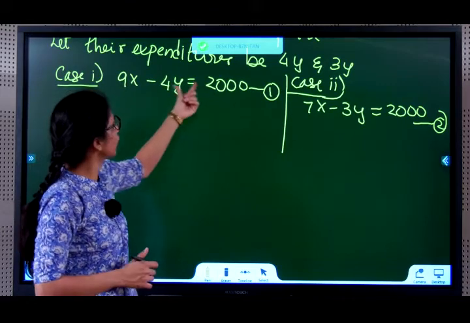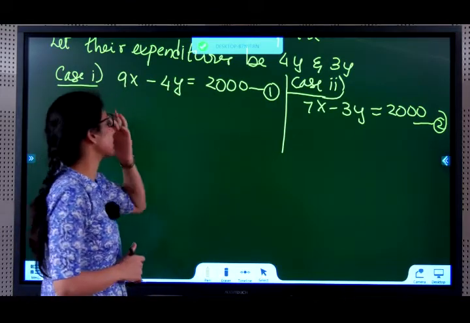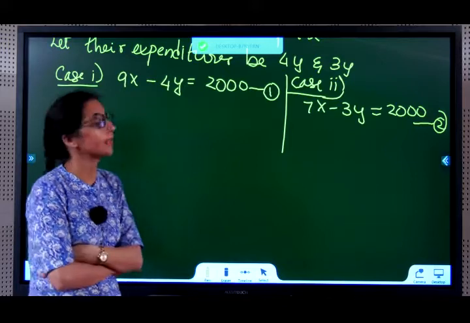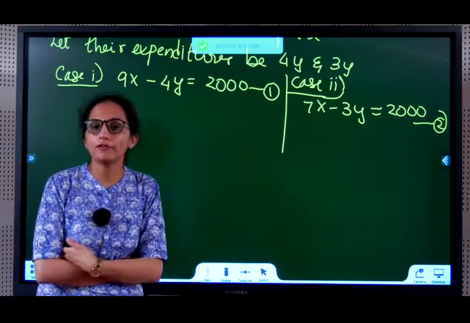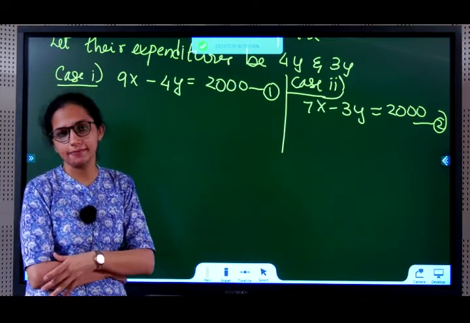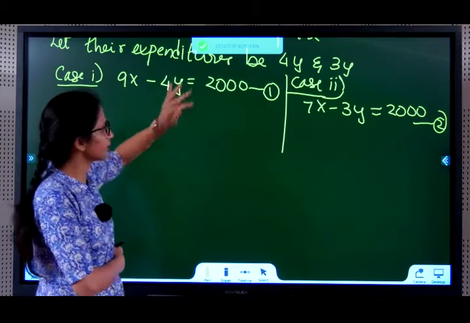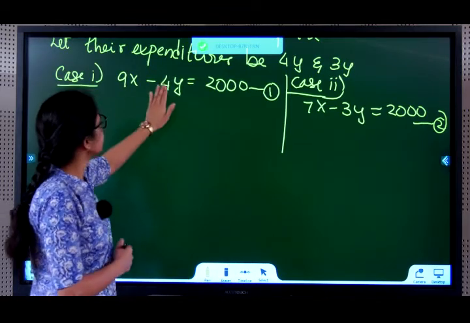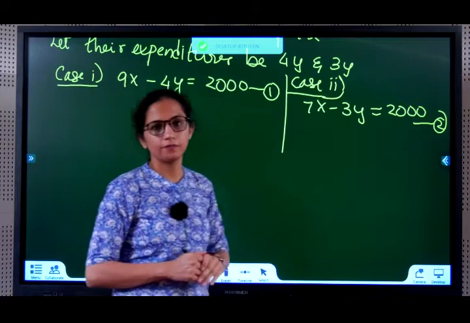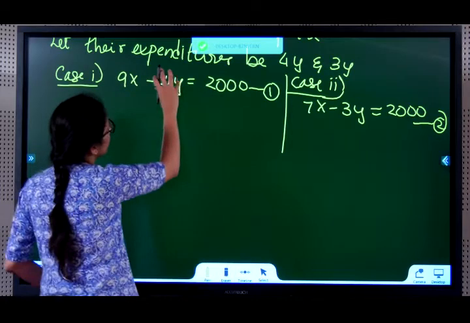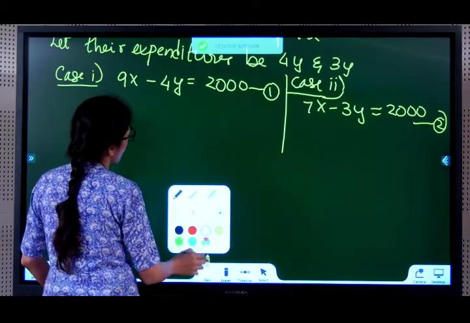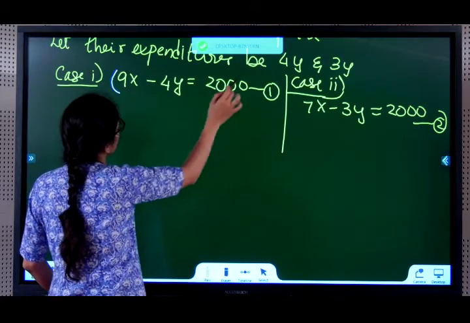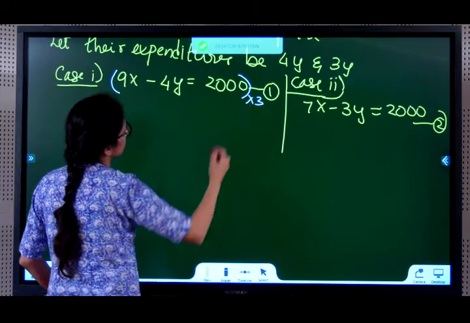Or you can make 4 and 3's coefficient same, that is y's coefficient same. You can make the coefficients same by taking their LCM. Let's do it with y because the numbers are smaller. LCM of 4 and 3 is 12, correct? So if I want to make this 12, what should I do? Multiply the whole equation with 3.